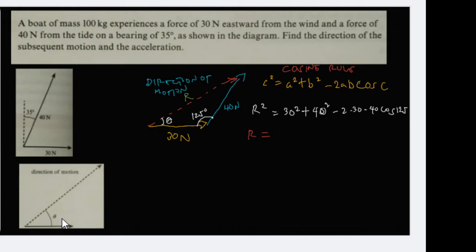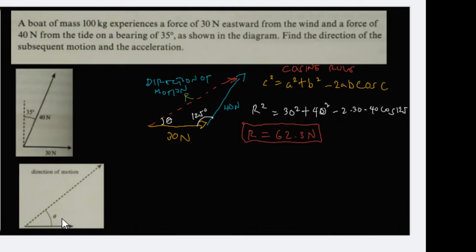a different answer. So approximately, we're going to express the answer in one decimal place to give us 62.3 Newton. So we're going to express it in one decimal place, but it always depends on the instruction.